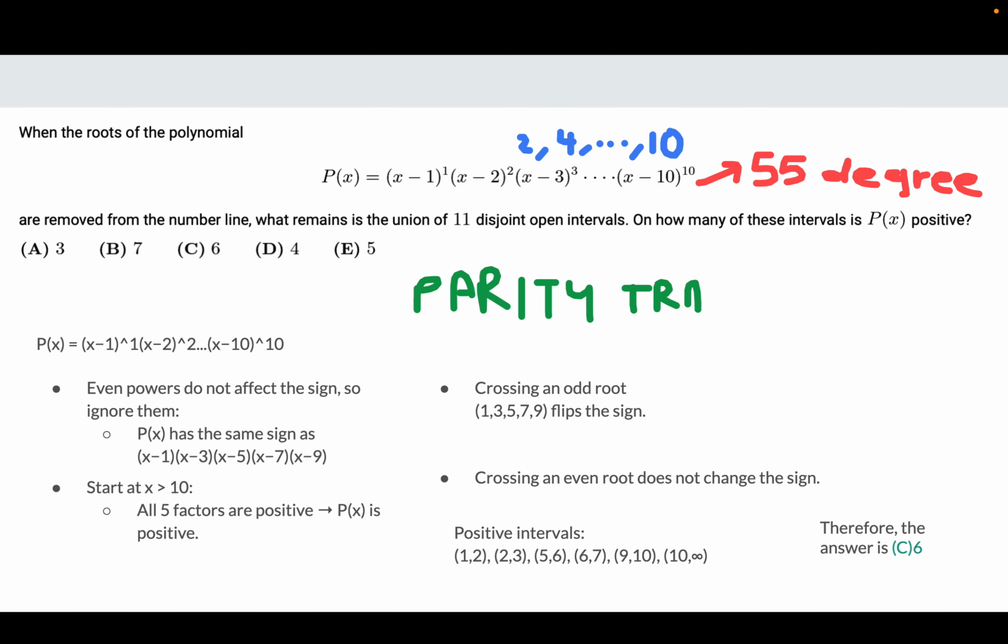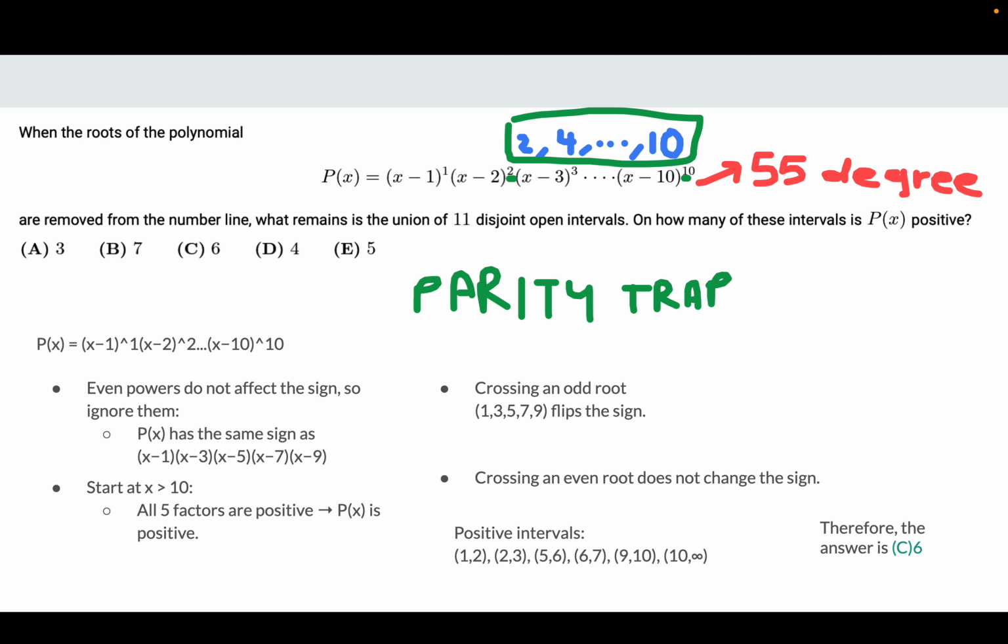And again, as I said before, this is when the test writers use all these even exponents to scare you, when really they're nothing meaningful and we can just cross them out.